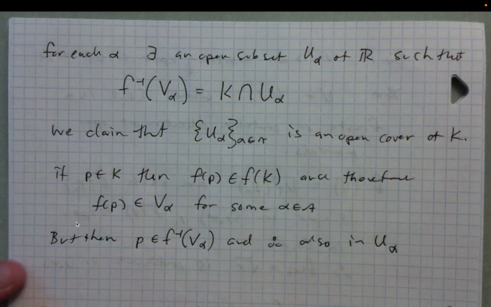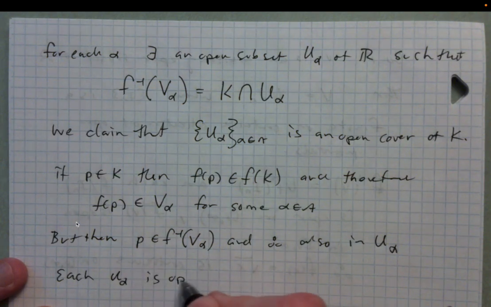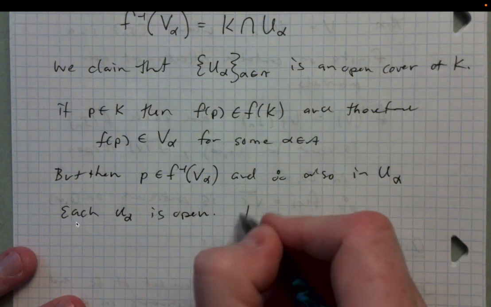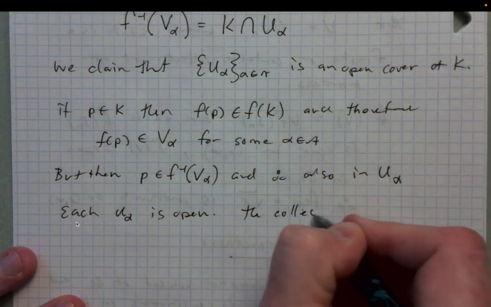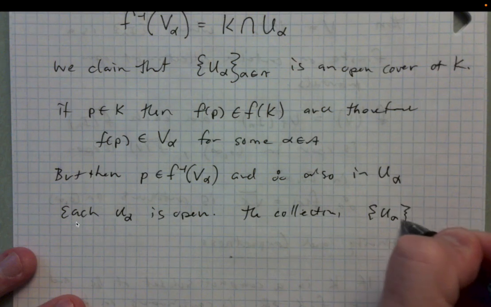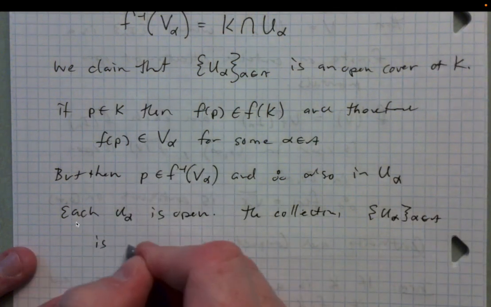Now each U alpha is open. Remember that? Each U alpha is open. The collection U alpha, alpha in A, is an open cover of K, therefore.